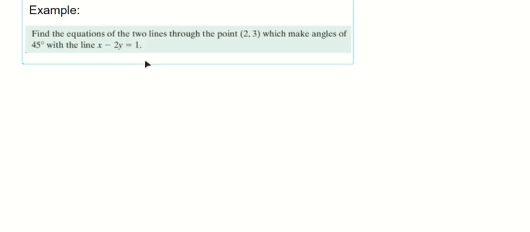Right, here's a different type of example. Just got to go through it because it's related to the formula as well. So if you just write out the formula here.